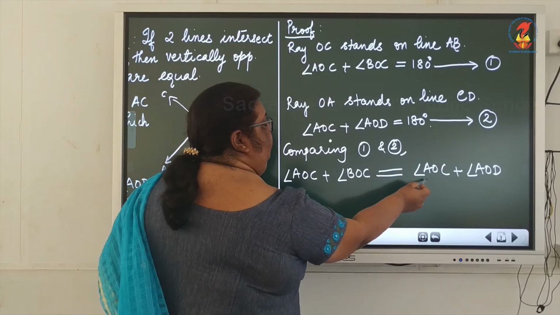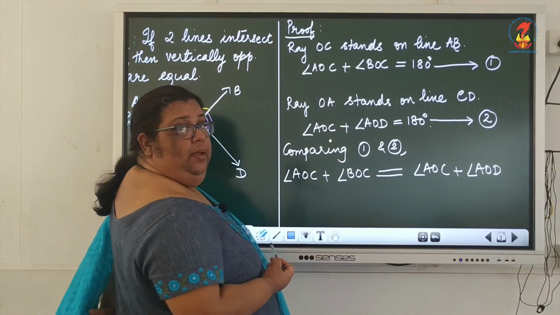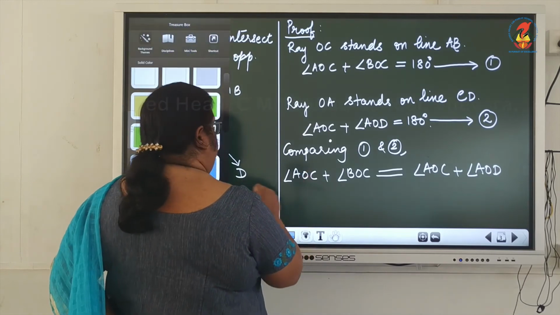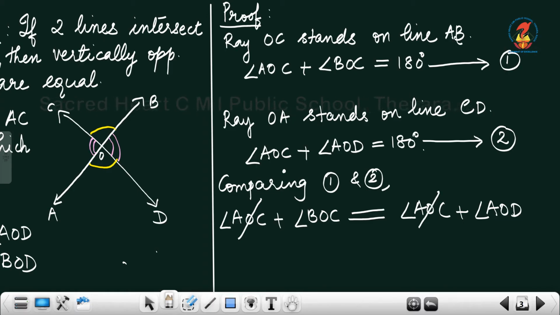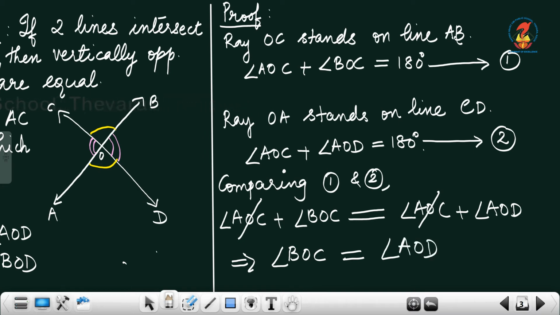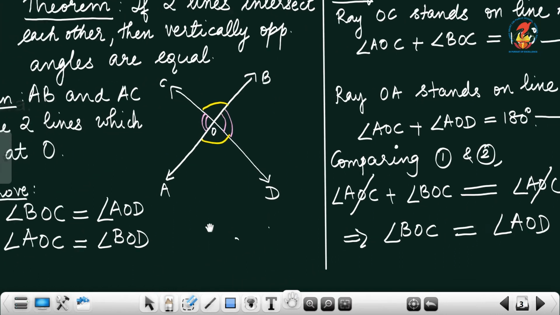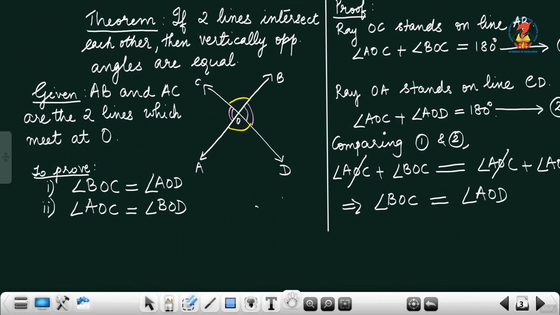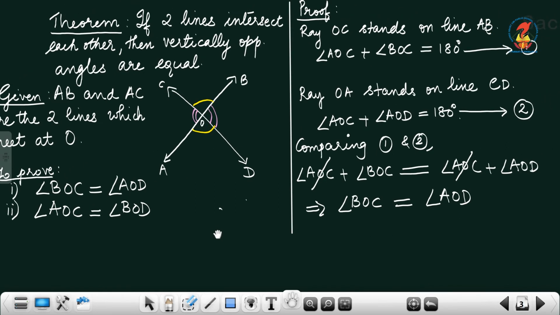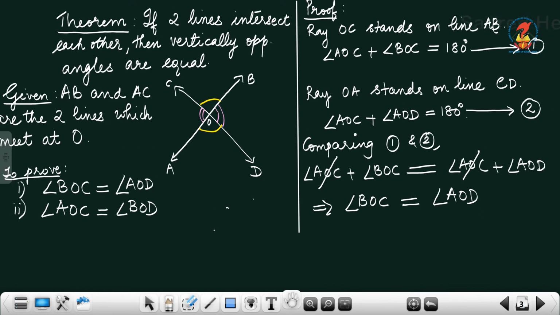Angle AOC, if I take it to this side, it will become minus angle AOC. So, angle AOC gets cancelled. So, what is left? Angle BOC equals angle AOD. That is what you have to prove in the first case.